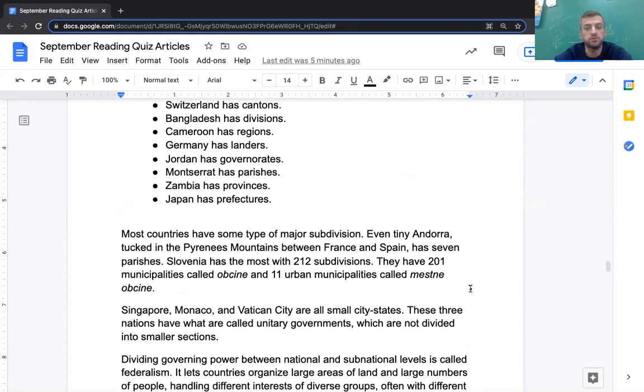Even tiny Andorra, tucked in the Pyrenees Mountains between France and Spain, has 7 parishes. Slovenia has the most with 212 subdivisions. They have 201 municipalities called občine and 11 urban municipalities called mestne občine.